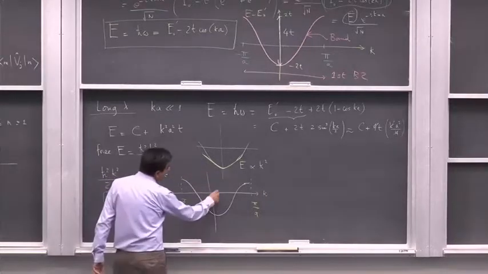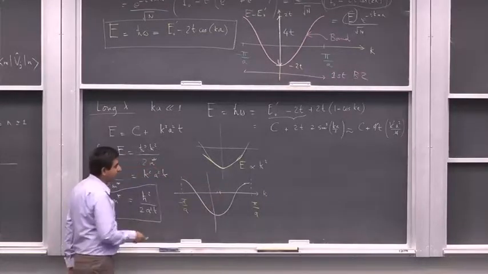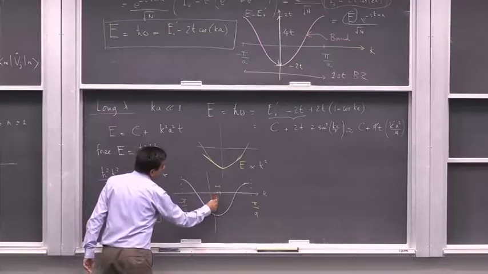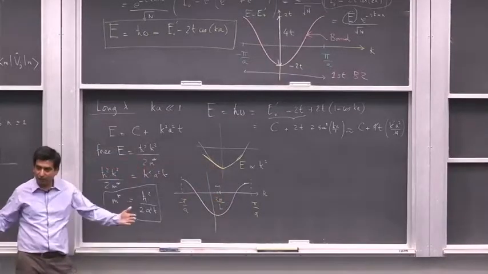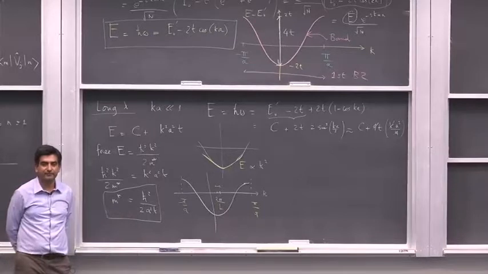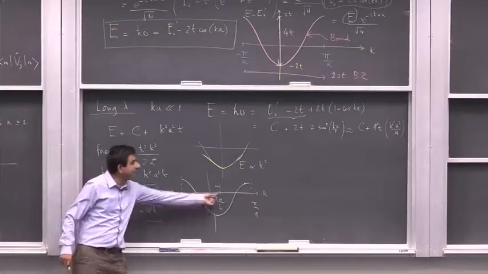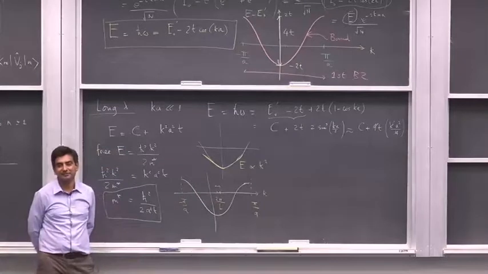Now, the spacing between two consecutive levels we know is going to be equal to 2 pi over L, because the k value is quantized. Now we would like to find out how many k values exist inside the band.